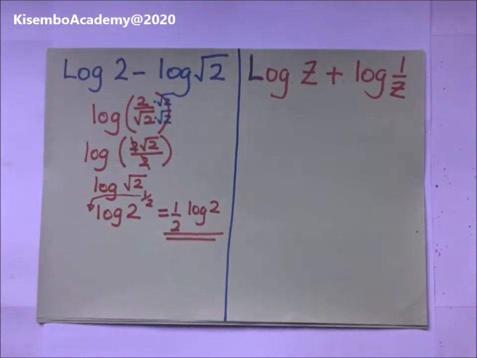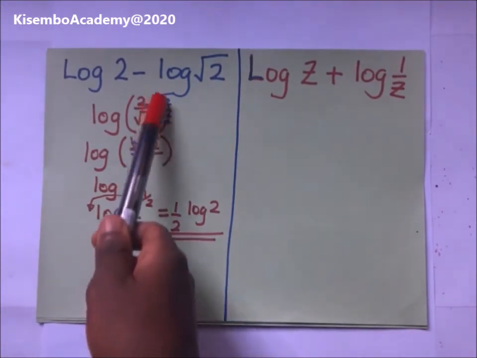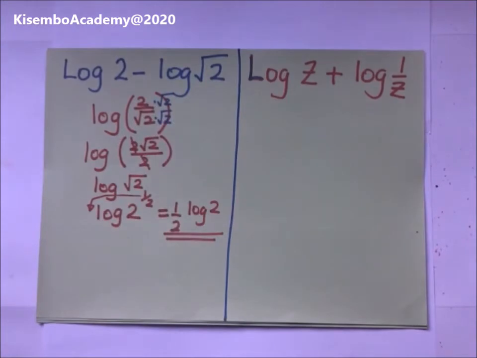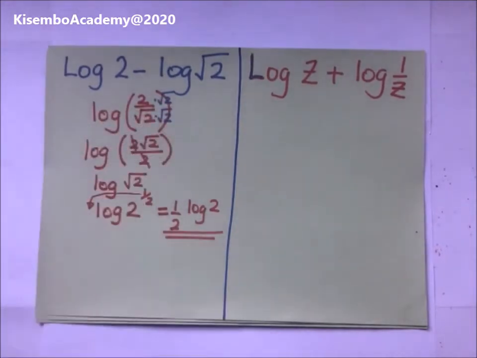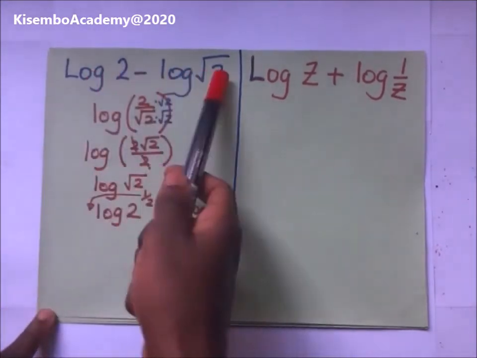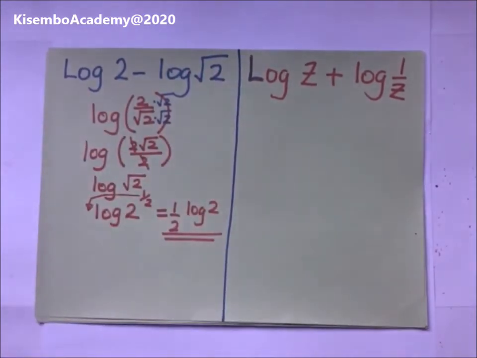That is when you have the knowledge of rationalizing of surds. Now, rationalizing of surds is another topic under surds that we have done here at the Kisembo Academy. But we can do this without having to apply rationalizing of surds. We can still look at this and simplify it in this other way.